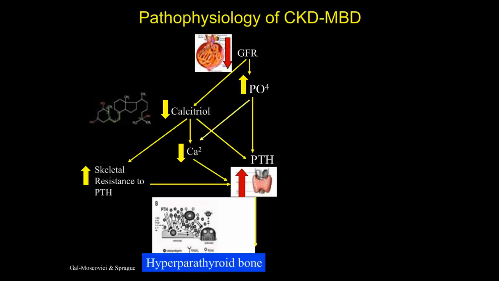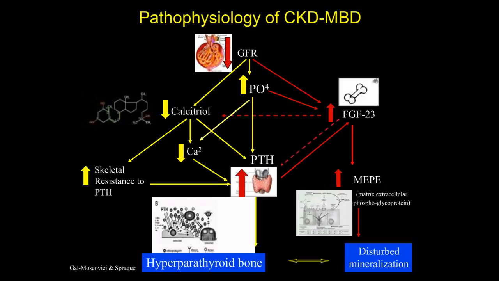But the decrease in calcitriol, the decrease in ionized calcium, and the increased phosphorus actually both help to increase the production and release of parathyroid hormone. In addition, there tends to be a resistance of the skeleton to parathyroid hormone, where they actually need a higher parathyroid hormone concentration in order to stimulate the bone remodeling and cycle. So this all leads to hyperparathyroid bone disease.